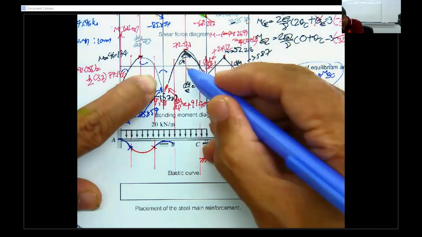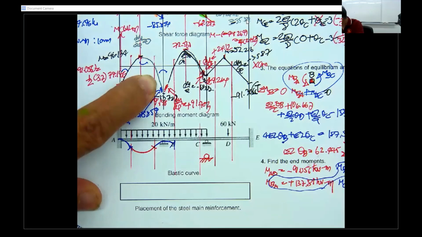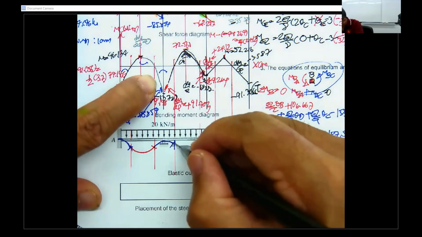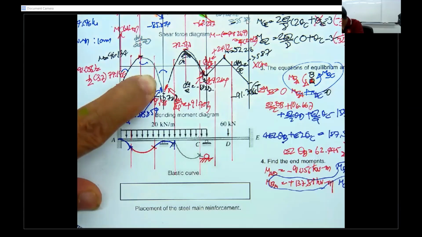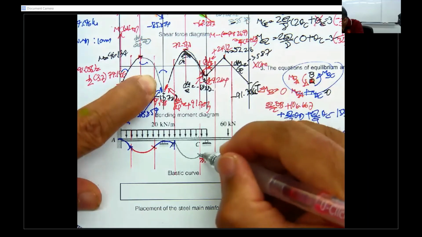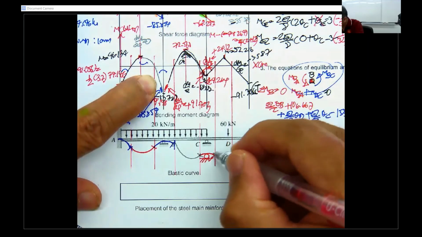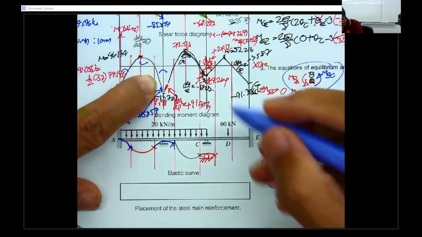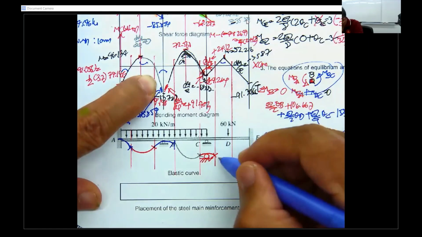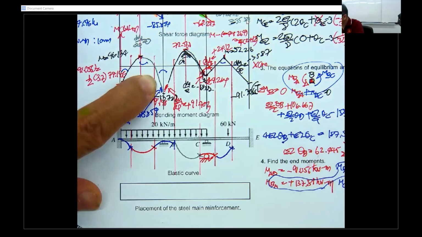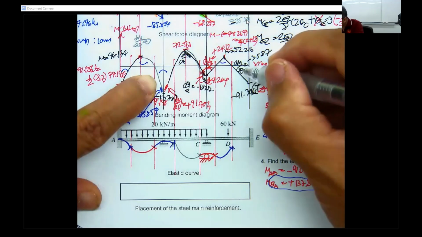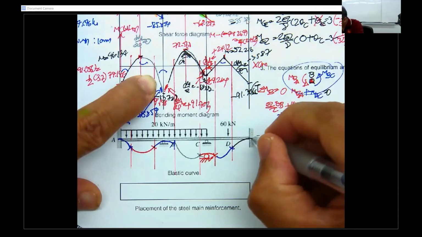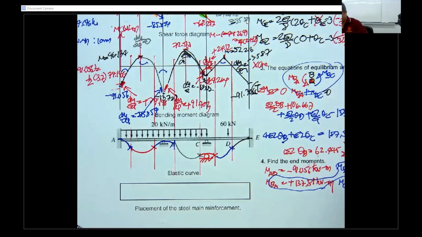And this is concave upward. And then this is concave downward. And then this is going to be concave upward. And finally, you have this one downward. This is going to be the elastic curve of this one.